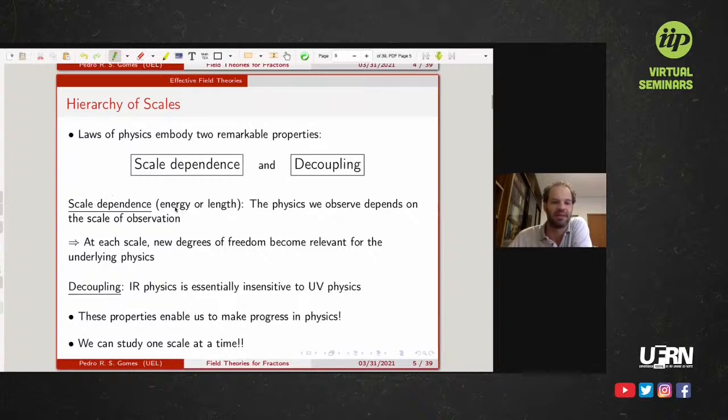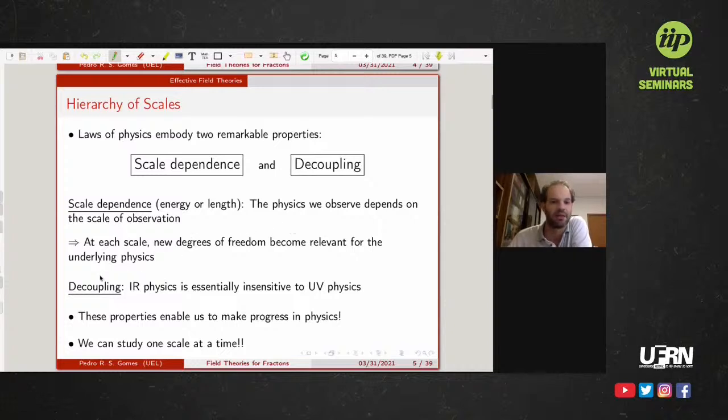We can use, say, an energy scale or a length scale. These are more or less equivalent. The point is that the physics we observe depends on the scale of observation. At each new scale that you consider, new degrees of freedom become relevant for the underlying physics. I will provide a specific example in the next slide.